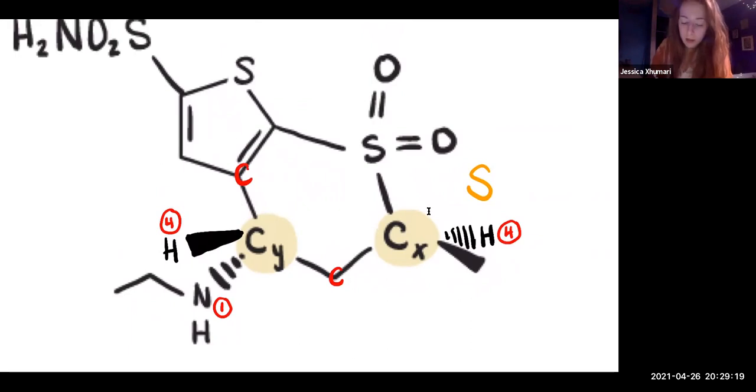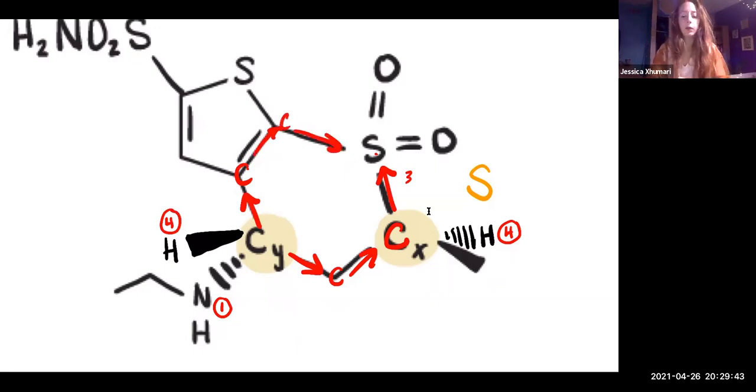If we go in the bottom direction here, we're going to hit a carbon, and then we're going to hit a sulfur. So we're going to hit a sulfur in 1, 2, 3 steps. Okay, 3 steps. If we go the other way over here, we're going to hit that carbon in the same amount of steps. So 1, 2, 3 steps, we're at the same spot, and that's not helpful.